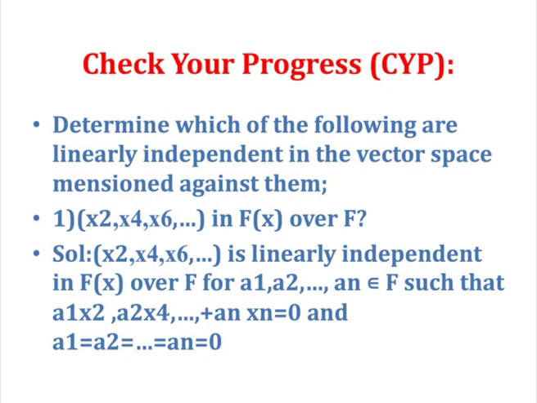Determine which of the following are linearly independent in the vector space mentioned against them.